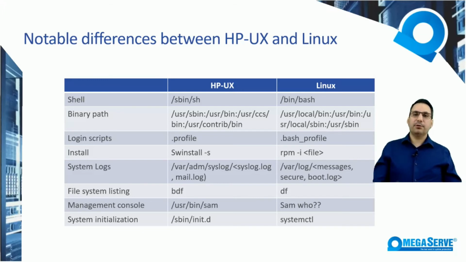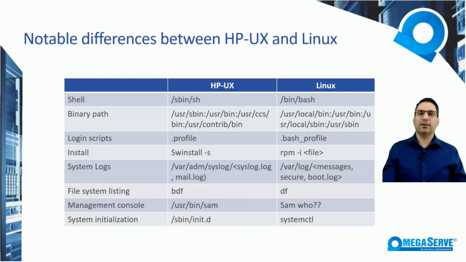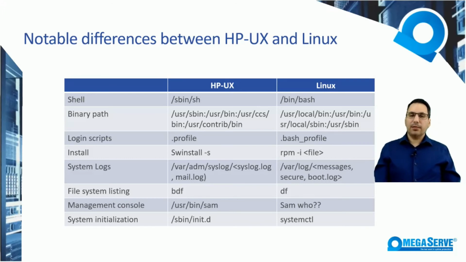In Linux, we typically do everything through the command line, using command line tools. There are admin tools that are available, but we typically run everything through the command line. And the system initialization is different. On the newer versions of Linux, there's something called systemctl, and that's where we set up components to automatically start up or shut down as the system starts or stops.